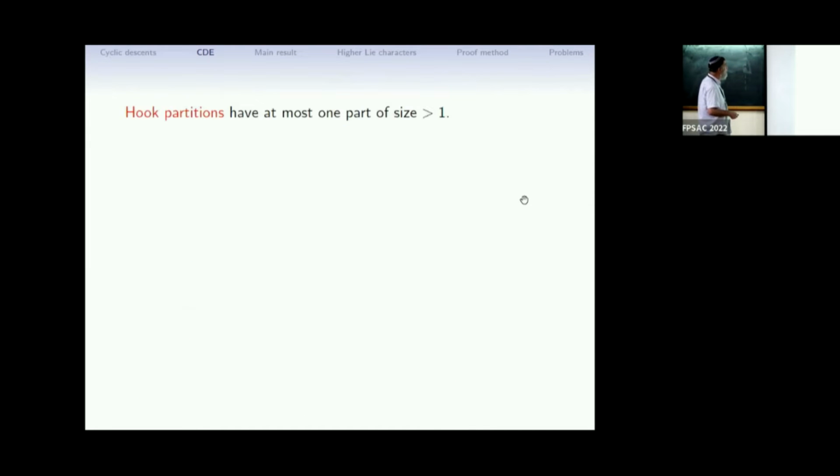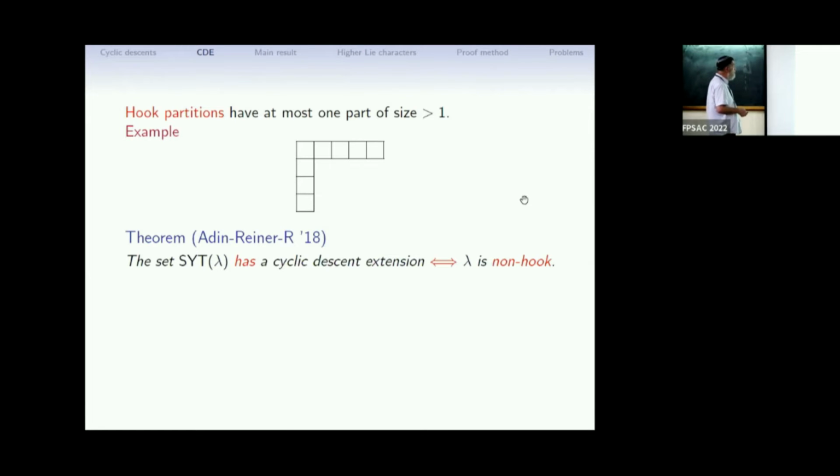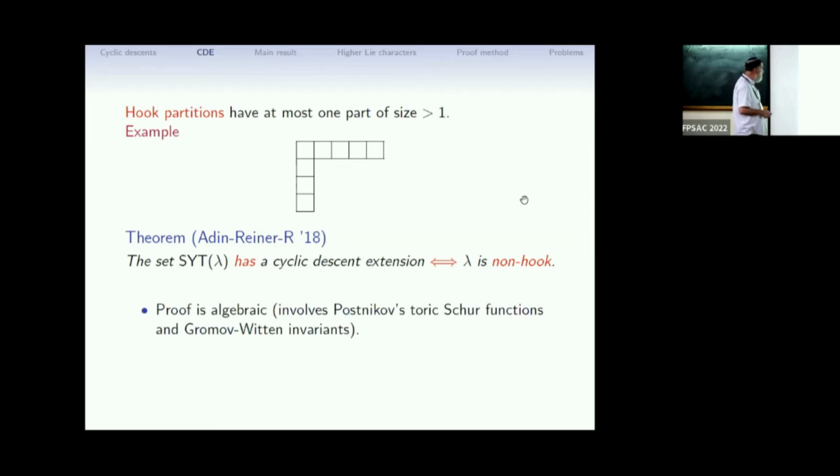So, what is the answer for standard Young tableaux? These are called hook shapes, with one part bigger than one, and the set of standard tableaux of any given shape lambda has a cyclic descent extension if and only if lambda is a non-hook. The proof that we had with Vic Reiner is algebraic.